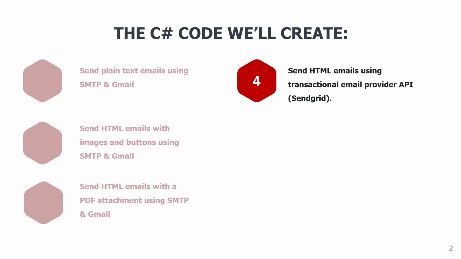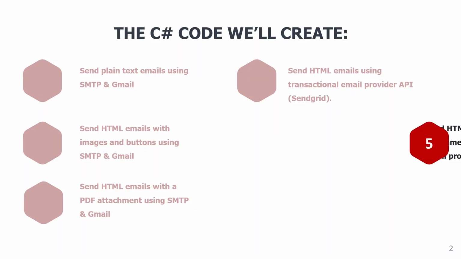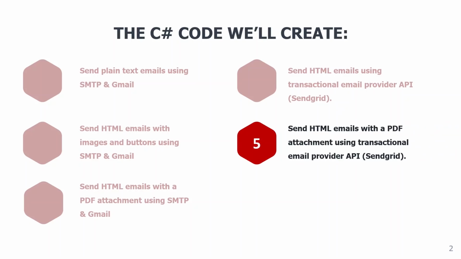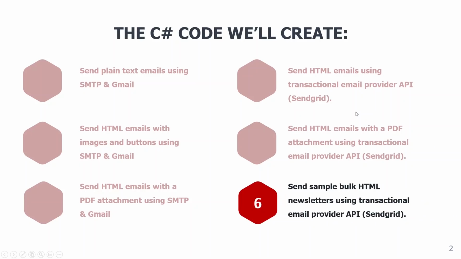In this instance, we'll use SendGrid. 5. Send HTML emails with a PDF file attachment using a transactional email provider API. And 6. Send a newsletter or bulk HTML emails with images using a transactional email provider.